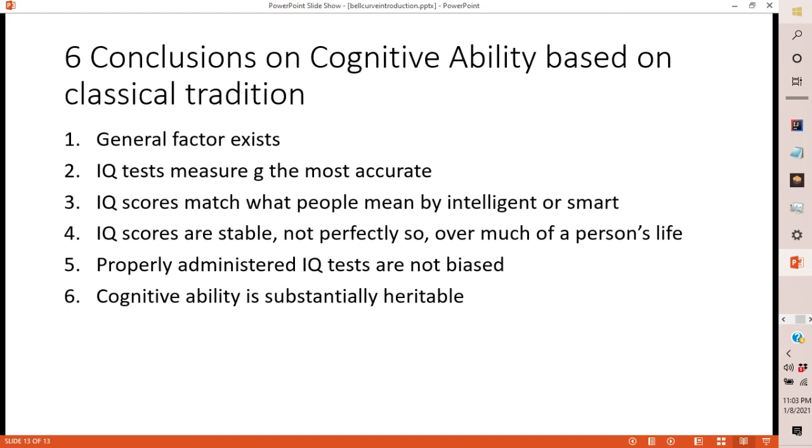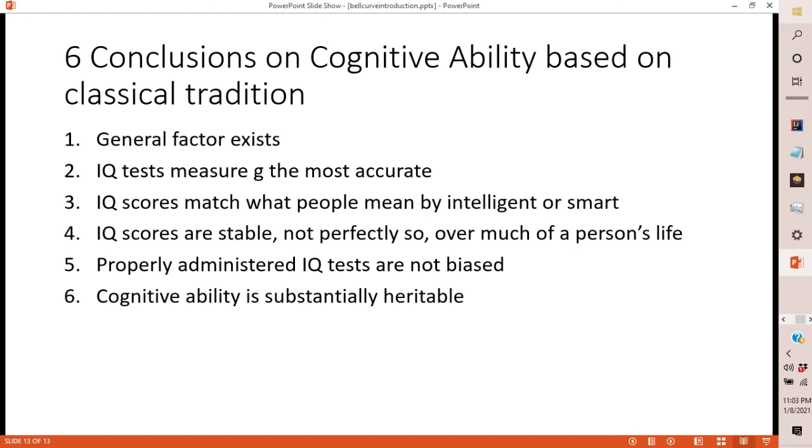Number 4, IQ scores are stable, although not perfectly, over much of a person's life. Number 5, properly administered IQ tests are not demonstrably biased against social, economic, ethnic, or racial groups. Number 6, cognitive ability is substantially heritable, apparently no less than 40% and no more than 80%.